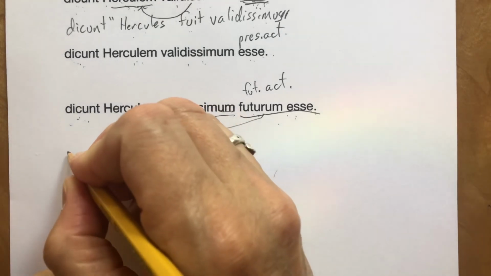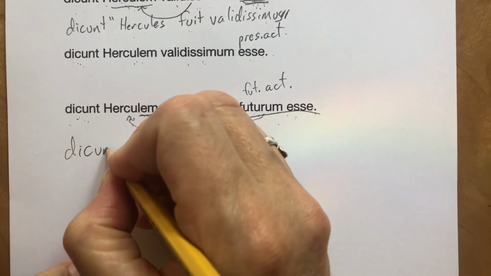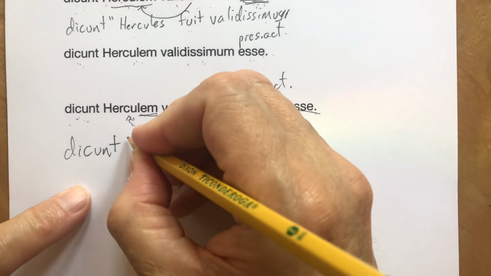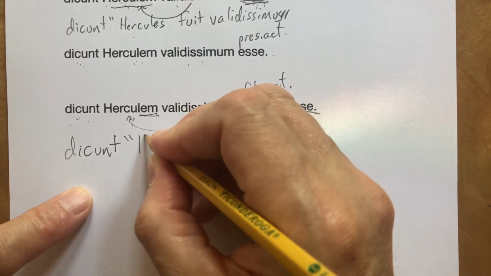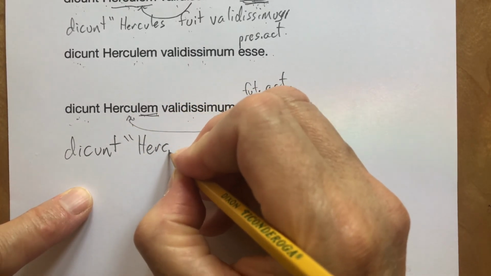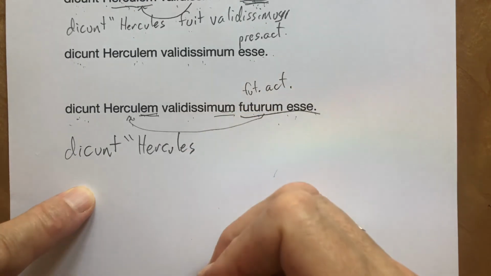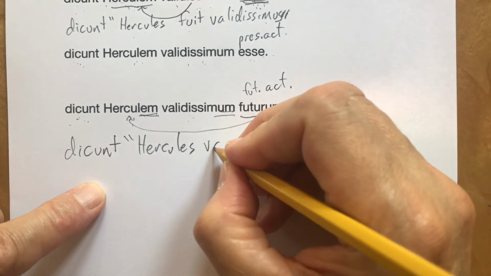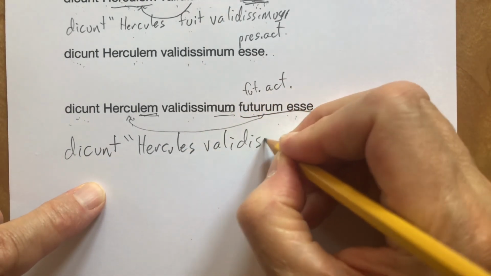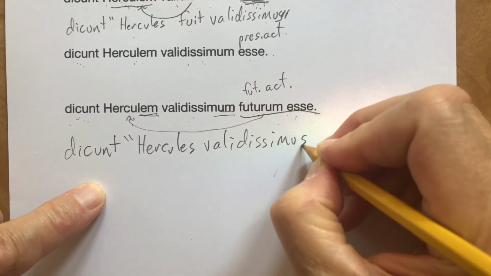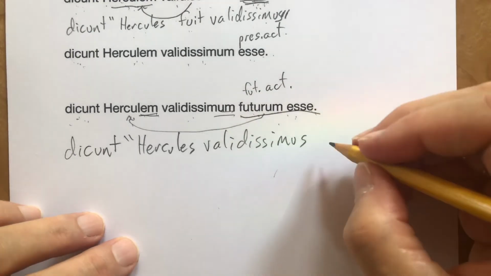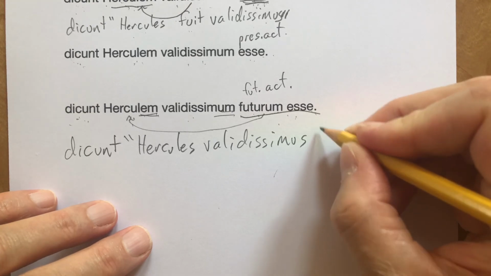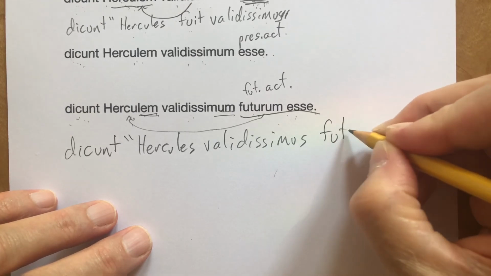Once again, we could make this into direct statement. They say, dicunt, quote, Hercules, subject nominative, validissimus, predicate also nominative, futurus.